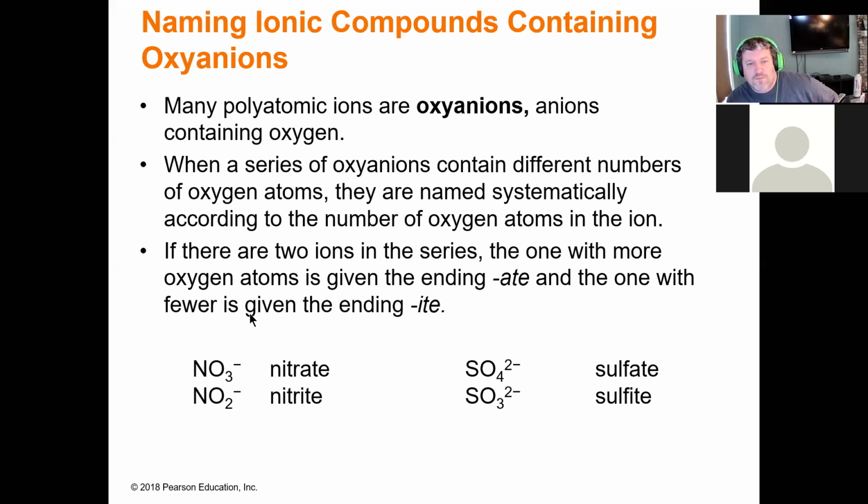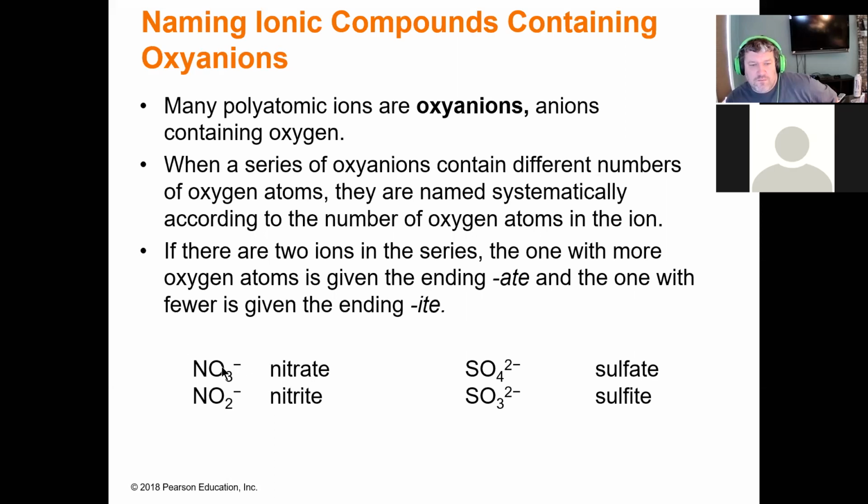So looking at the nitrate series, nitrate has 3 oxygens. The ite will always have 1 oxygen less than the ate. That doesn't mean that ATE always has 3 oxygens. In this case, it has 3 oxygens. Over here, sulfate has 4 oxygens. It just is in relationship to the other oxygens.